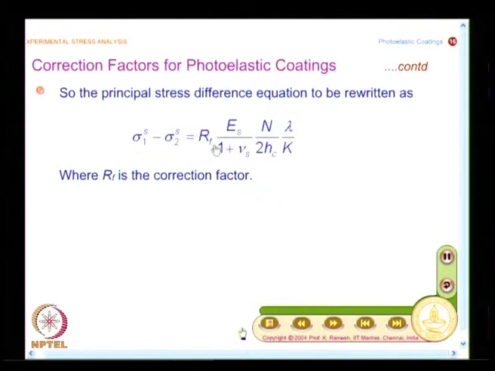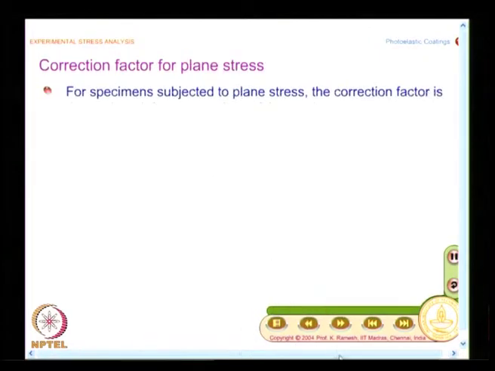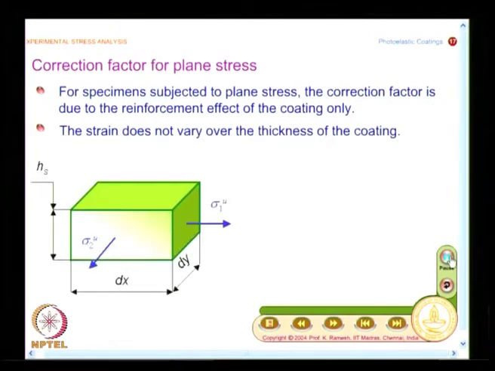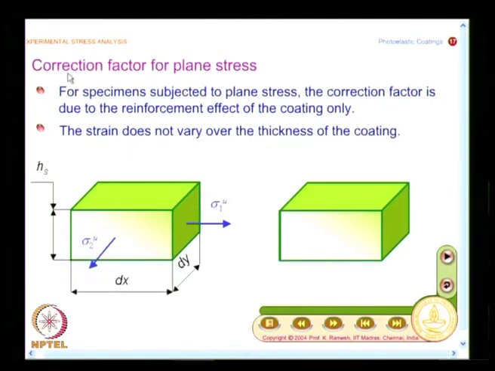And what we will have is, we will have this correction factor evaluated for in-plane stress, bending, torsion and internal pressure, and so on and so forth. That is how we will have different expressions for RF, and RF is used because it is essentially a reinforcement factor. And we will first take up what are the correction factors for plane stress.